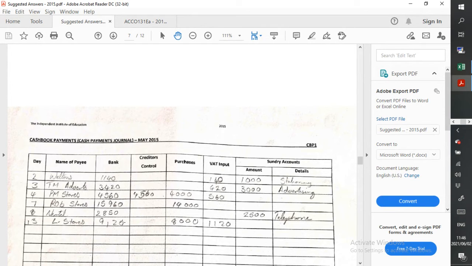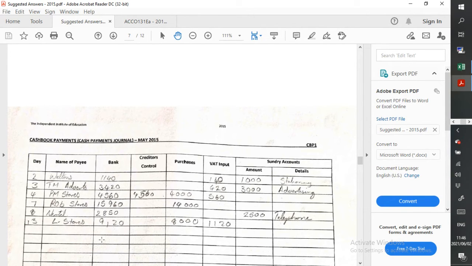Right. Then we move on to the 7th. Trading inventory purchased from Rob stores per check, 70 items. And again, this time they're giving us the amount exclusive of VAT. So you need to times 70 times the 200. That should give you 1,400. Is it? Am I right? No, actually 14,000. But we know that inventory is standard rated.